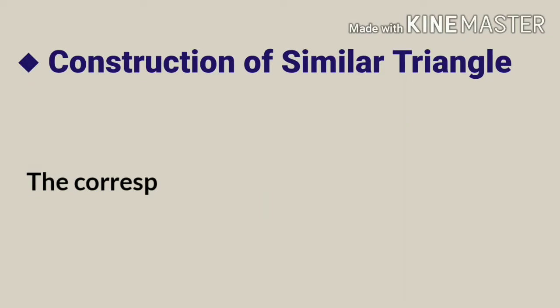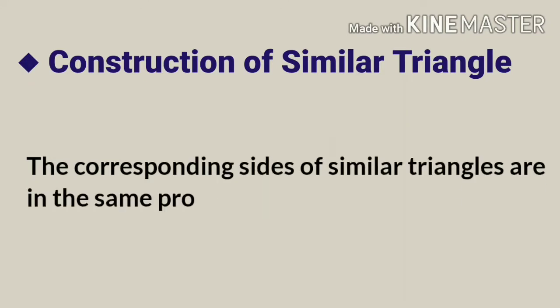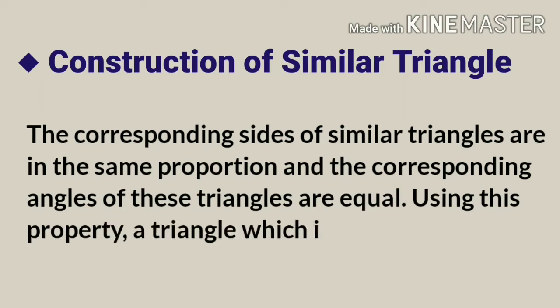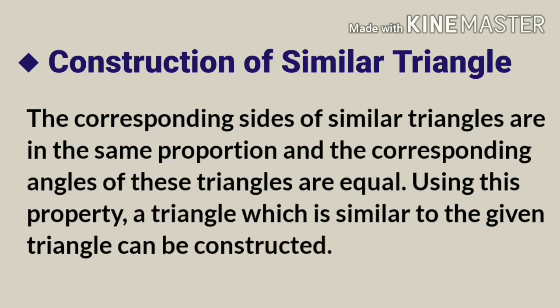The corresponding sides of similar triangles are in the same proportion and the corresponding angles of these triangles are equal. So, using this property, a triangle which is similar to the given triangle can be constructed.